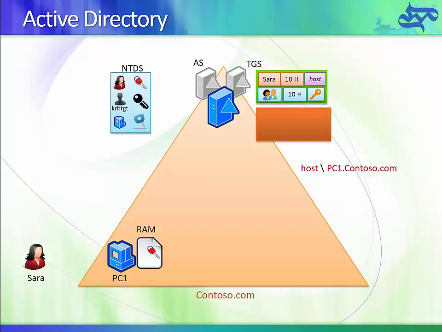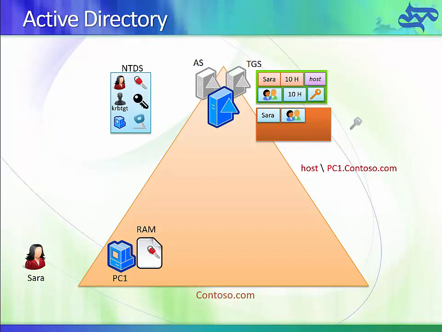But before using the key of the computer, the KDC will create another session key. This session key will be shared between the KDC and PC1. Once the session key is created, the KDC will create a packet. The UPN will be placed within the packet.